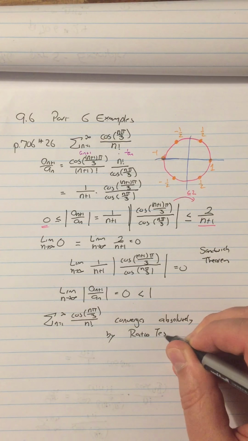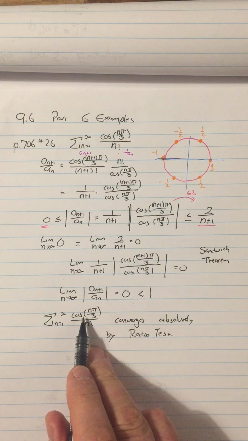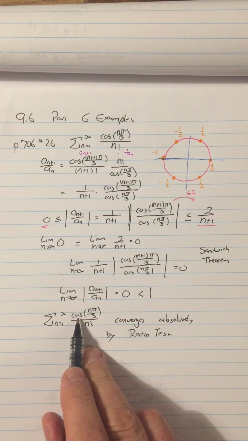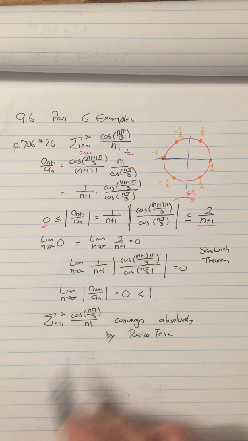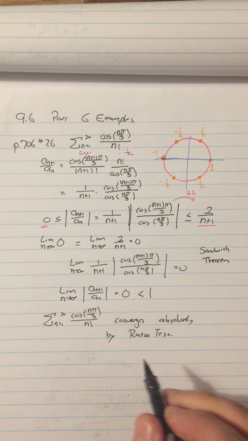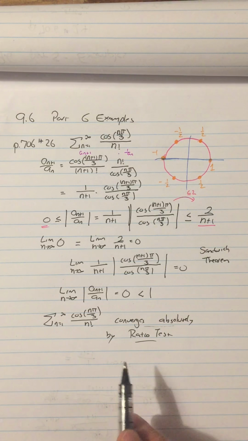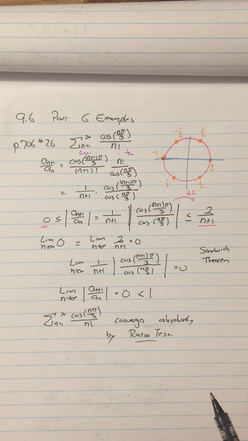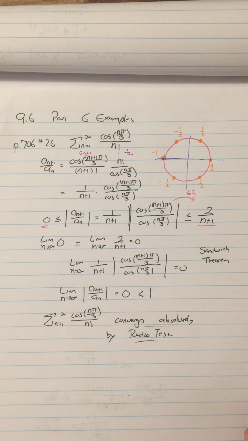So not only do I know that this series, which has some positive and some negative terms because cosine keeps going positive and negative, converges, but also if I took the absolute value, it would still converge. The ratio test always gives me that. In fact, any series that converges absolutely also converges, but it's a stronger thing to say it converges absolutely.